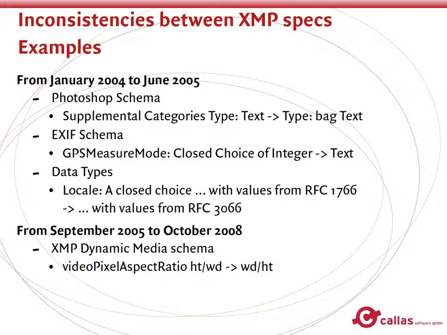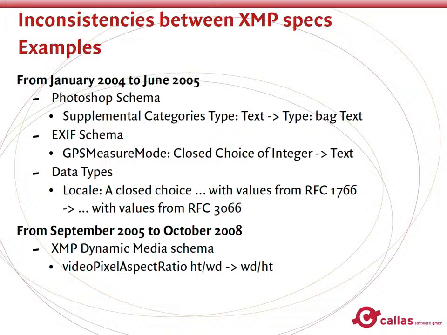It was previously based on RFC 1766 and then changed to 3066, and between these RFCs a few new countries were born and new entries showed up. And what can you do with a validation program if there is an entry that is not listed in the RFC that was actually referenced from the XMP specification?